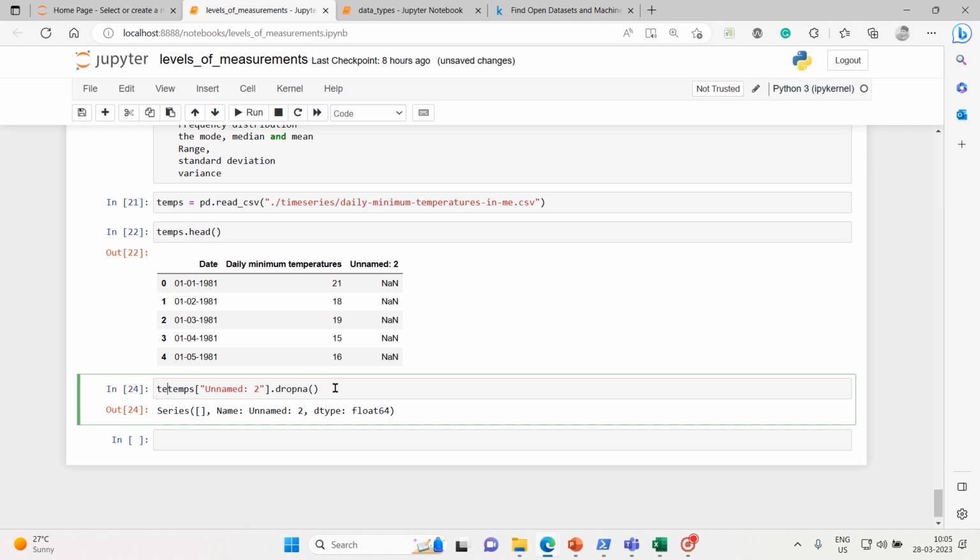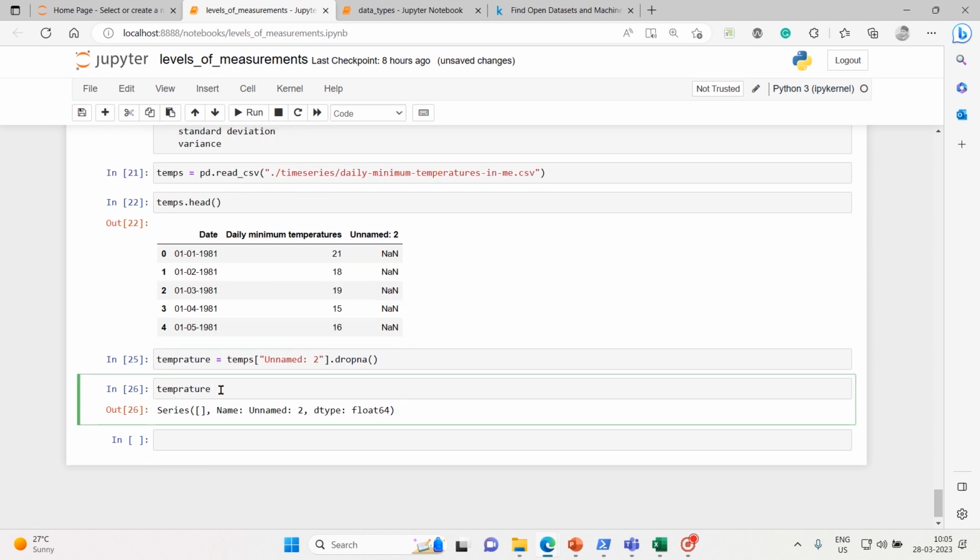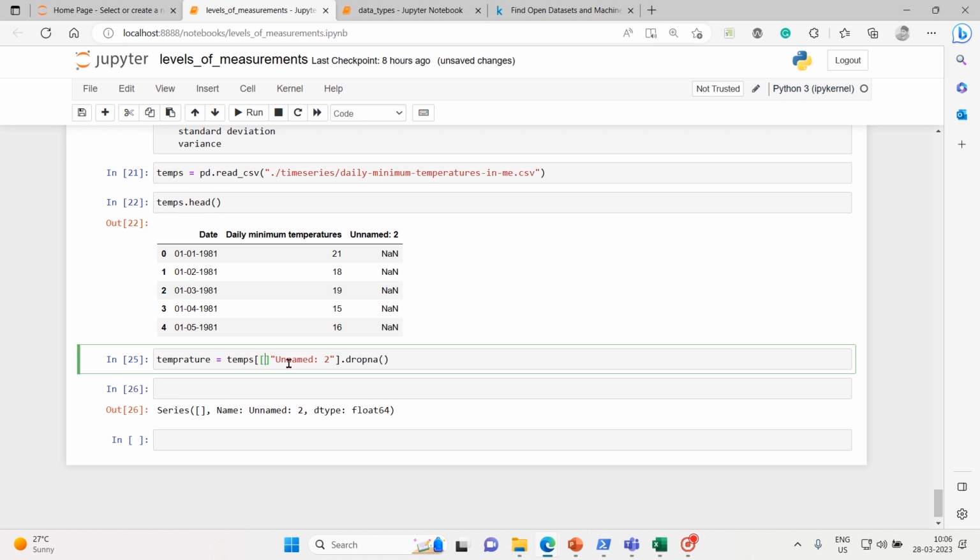So now I'll make it into temperatures. Let's do another thing. Instead of this, I'm going to go for the date, then the daily.